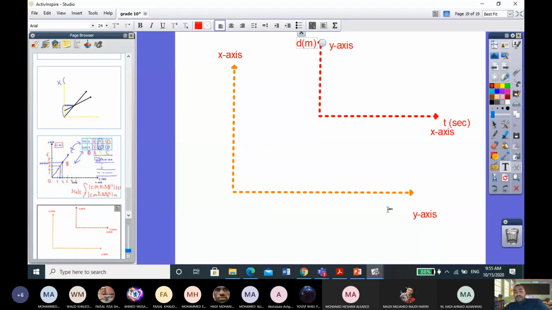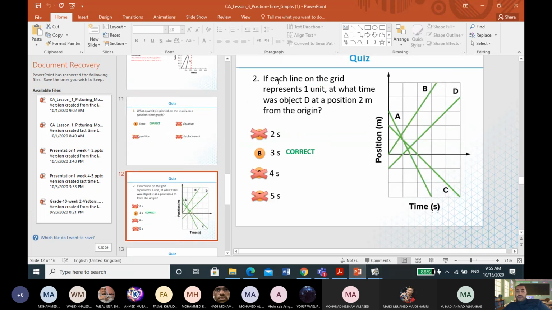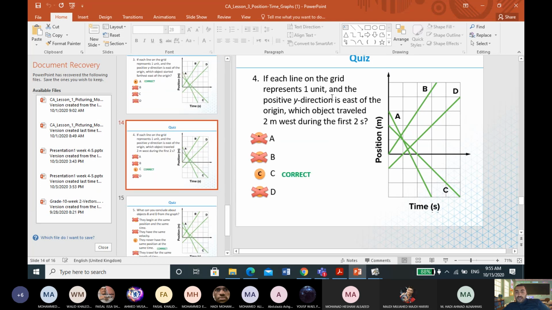But sometimes the y-axis is located towards the, here we always know that the y-axis is located towards what? Towards the north. Okay, this is always. But if you see that the axis is going not towards the north here, if each line on the grid represents 1 unit and the positive y direction is to the east.